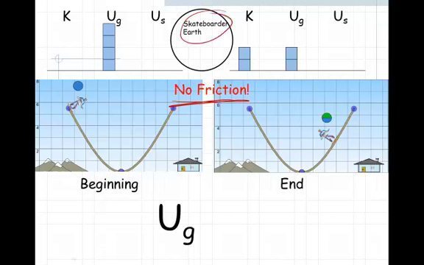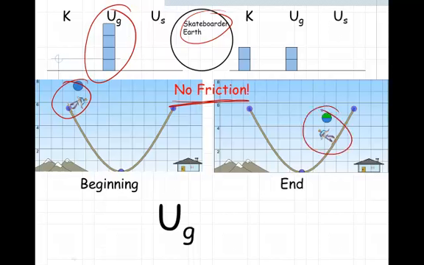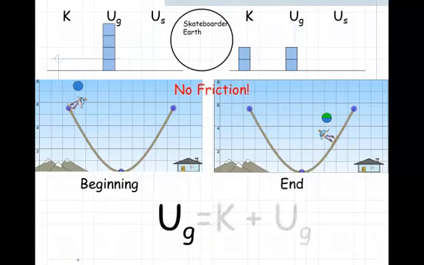So if we call the beginning situation this setup right here, he's got all gravitational potential energy. At the end, which we'll call that situation there, just arbitrarily, has both kinetic energy because he's moving and gravitational potential energy because he's above ground level. So what we can say is at the beginning, he's got all gravitational potential energy.